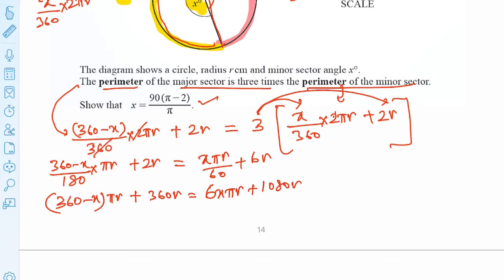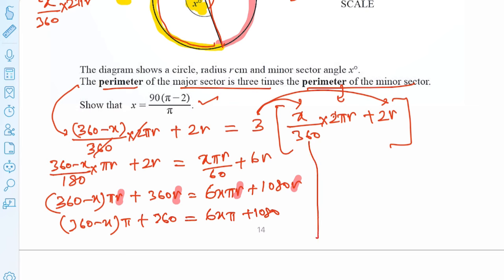If you see this properly, in every term we have r, so we can cancel or divide by it. So we get (360 minus x) pi plus 360 equals 6x pi plus 1080.